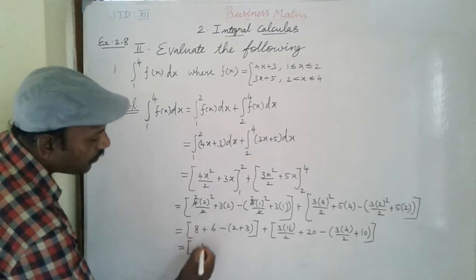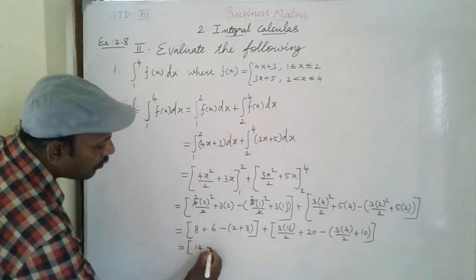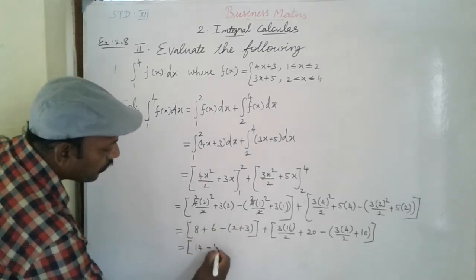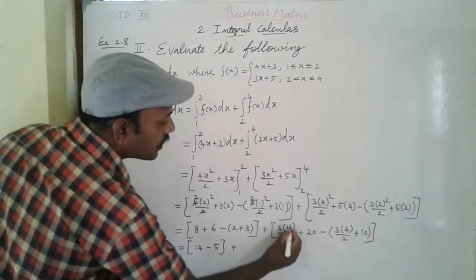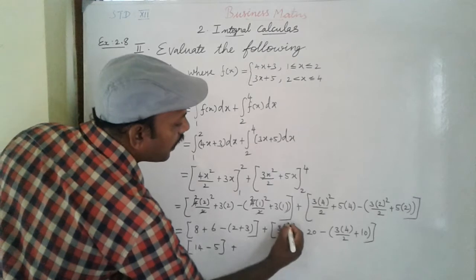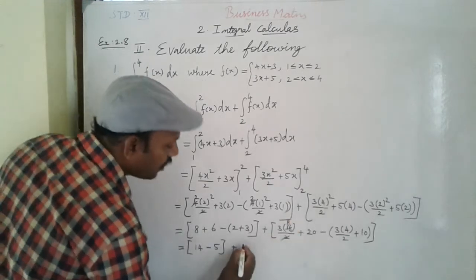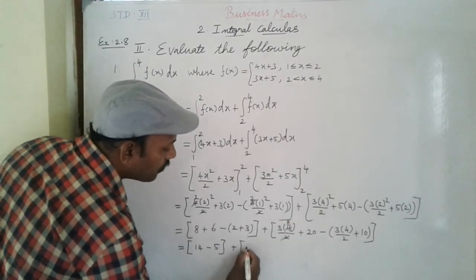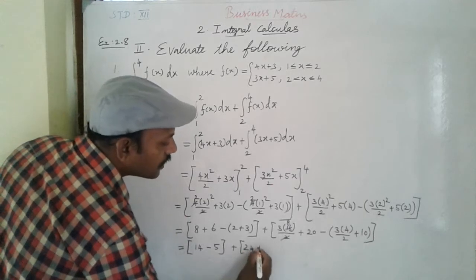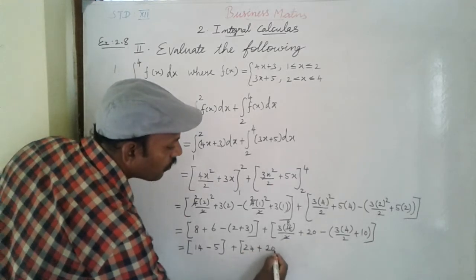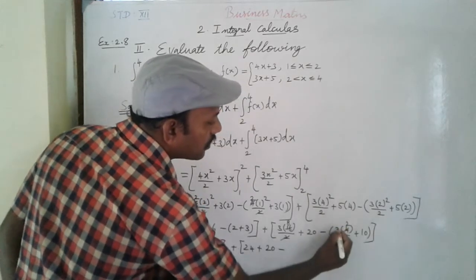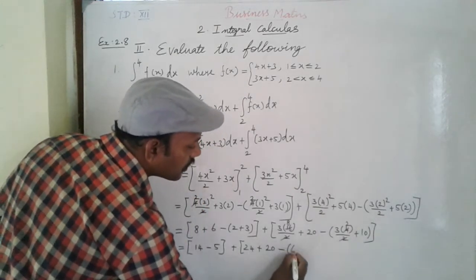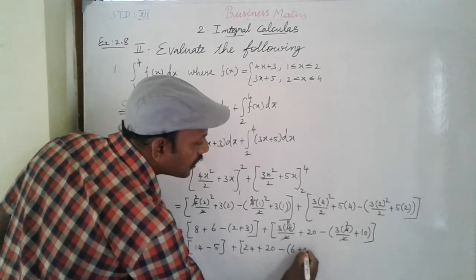8 plus 6 is 14, minus 2 plus 3 is 5, plus 2 and 16 is cancelled 8 times, 3 8s are 24, plus 20, minus 2 and 4 is cancelled 2 times, 3 2s are 6, plus 10.